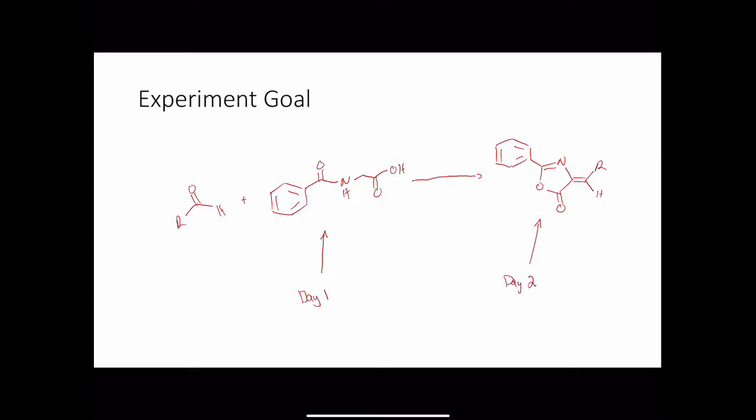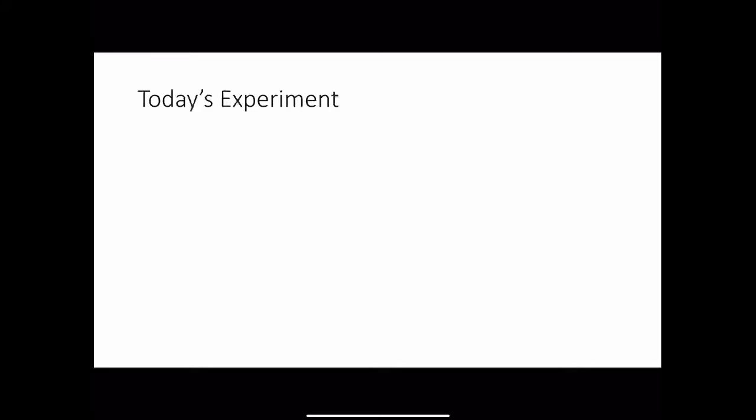So how are we going to actually synthesize the hippuric acid, right? So we're going to accomplish this by using an acid chloride, such as benzoyl chloride that I'm drawing here, okay? And then we're going to react that with glycine, so this simple amino acid here.